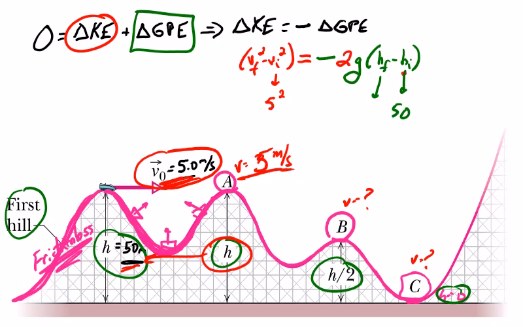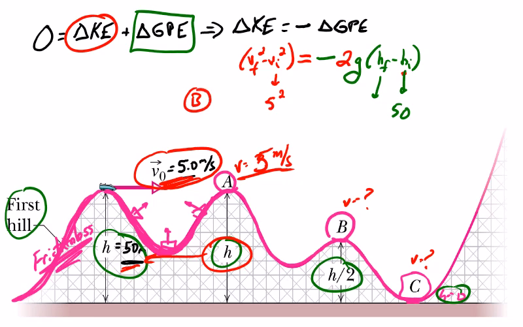Now your next instinct is, hey, B down here is at half of that height, so it should be going half as fast or something like that, or maybe twice as fast. But what you have to watch out for is the square on your velocity here. So let's do point B here and see if we can figure this out.